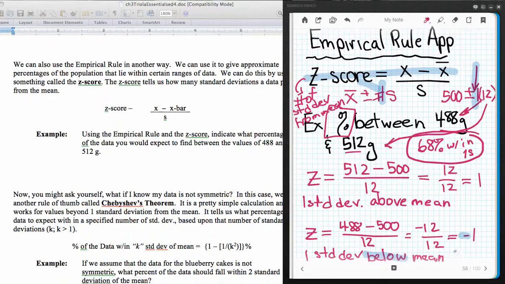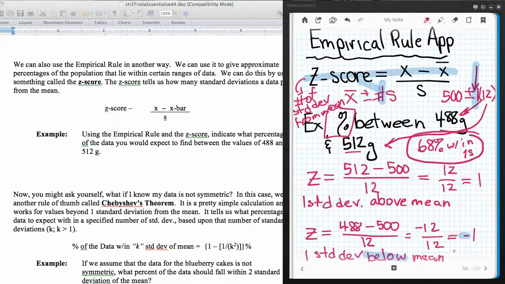Now in terms of looking at this as an inference that could be drawn, we could actually go back to the data and look at the weights of cakes and count them up and say we had 20 cakes, right? And what proportion of those were between 488 and 512?